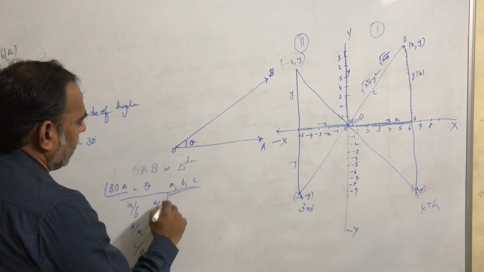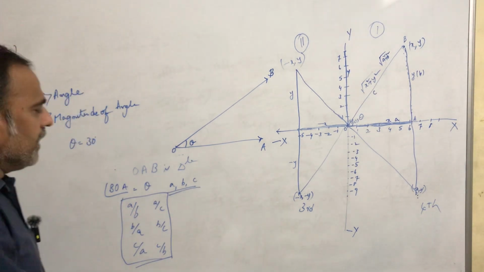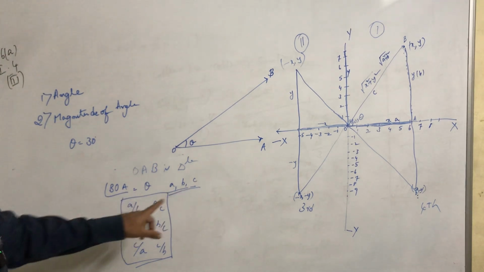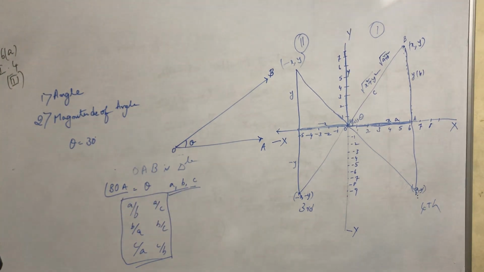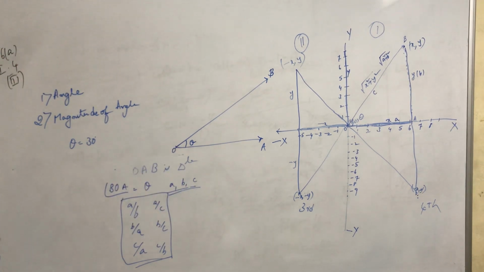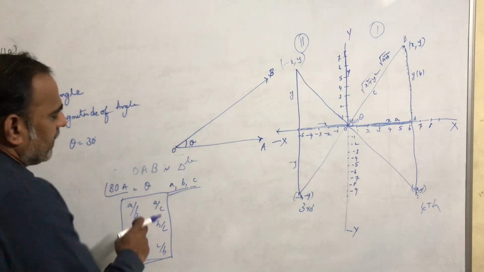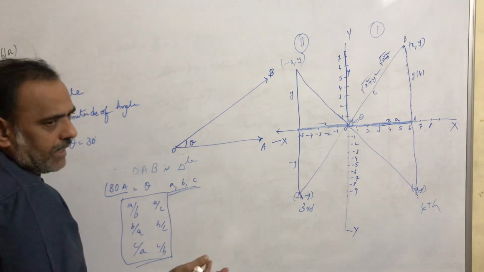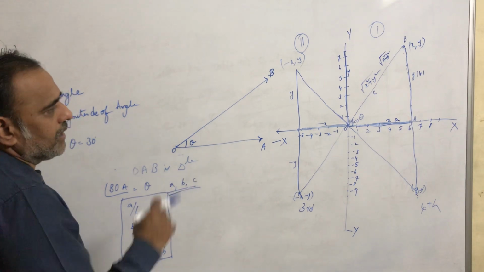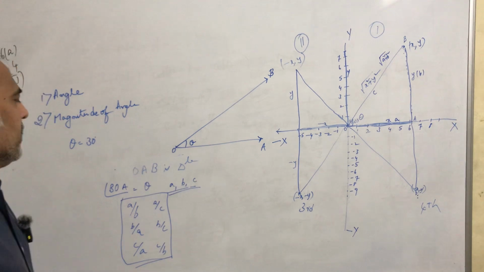So six ratios are possible with the three sides. In trigonometry, we represent these with trigonometric ratios. That is where sine theta, cos theta, cosecant theta, secant theta, tan theta and cot theta come into the picture.